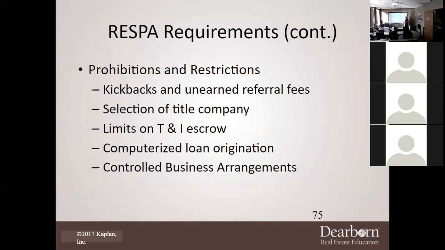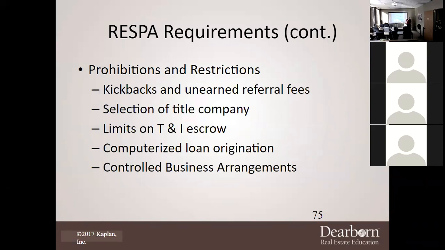The only way that can happen is if the buyer agrees. She cannot dictate that I have to use this one. Remember, it is all an agreement. It cannot be dictated. And oftentimes, when somebody tries to dictate something, it means what? They most likely have a kickback or a referral fee, and that's why.